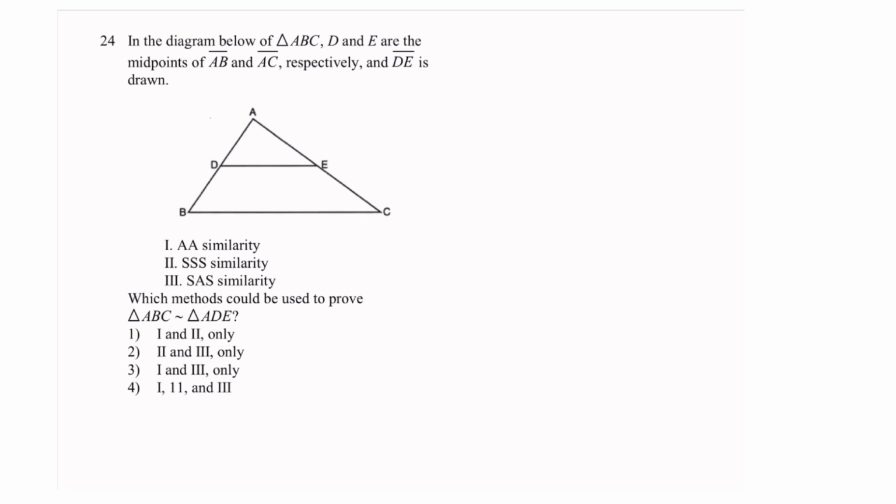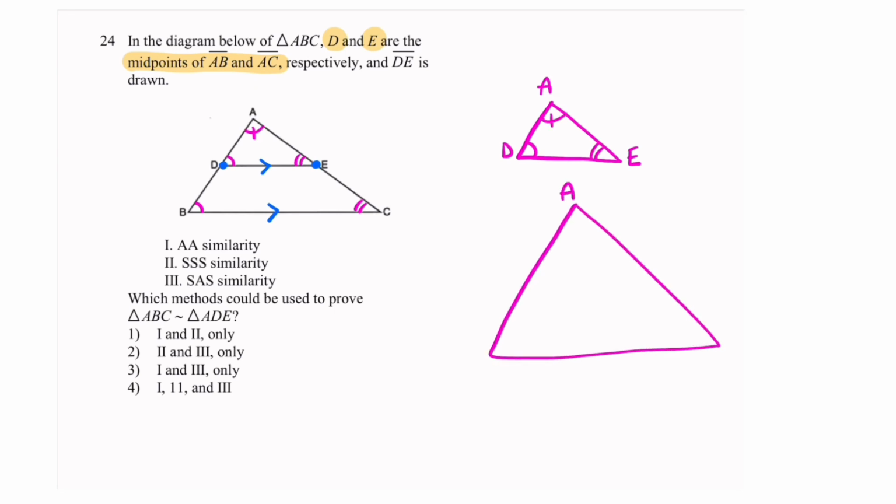And our last problem, number 24. In the diagram below, we have triangle ABC. D and E are midpoints on the sides there, respectively, and that's going to give us parallel lines. Because of those parallel lines, I'm also going to draw in my corresponding congruent angles. I'm also going to split these triangles to view them as separate triangles and see what kind of conclusions I can make.